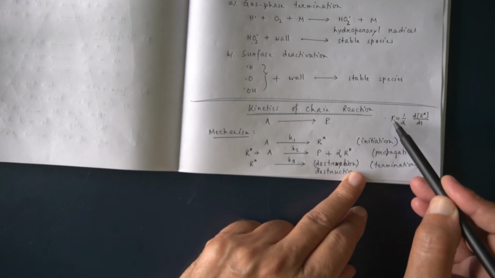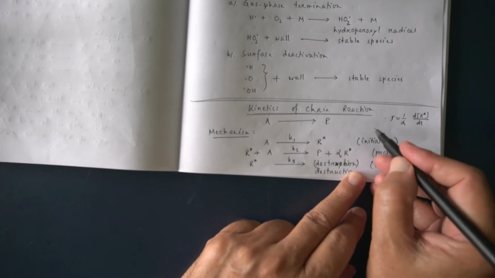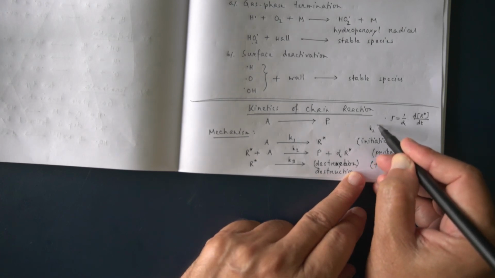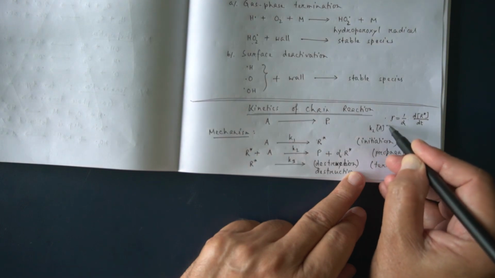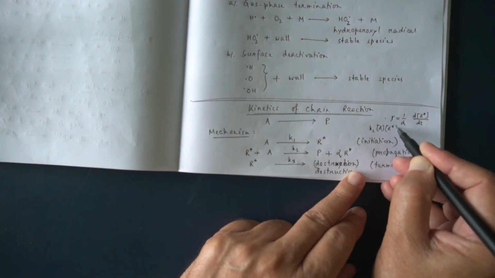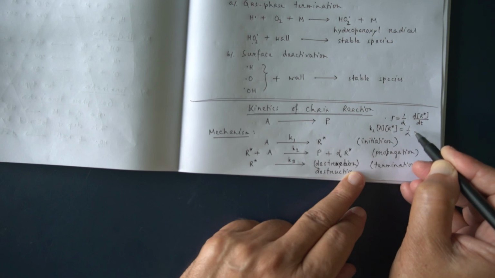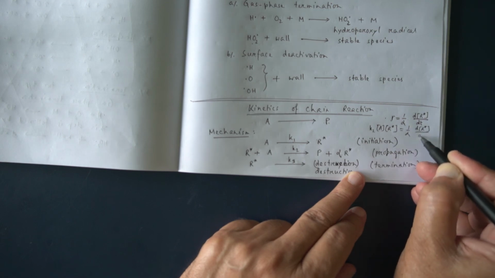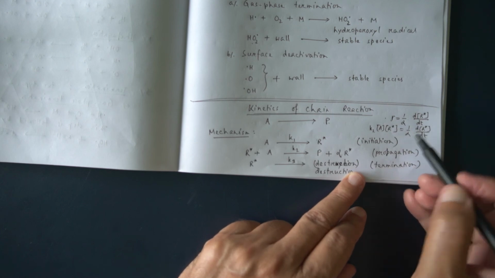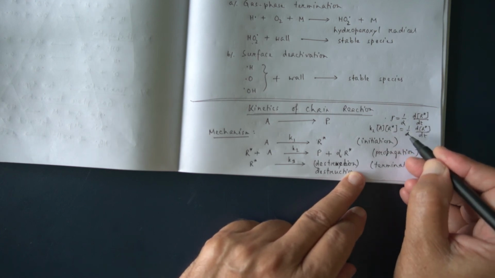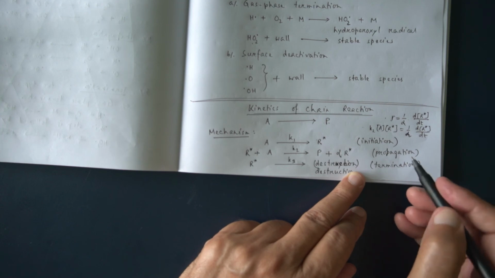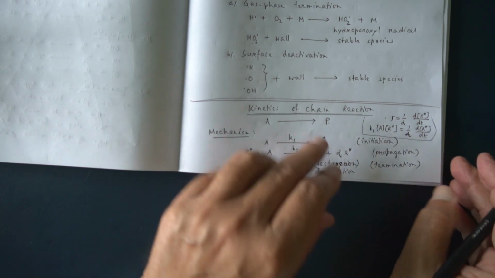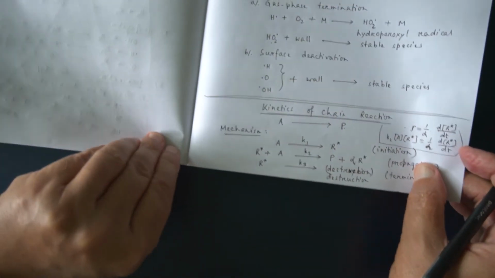Now what is r? r equal to k2a, so dr/dt will be equal to alpha into this. So this is alpha. So we are getting this.